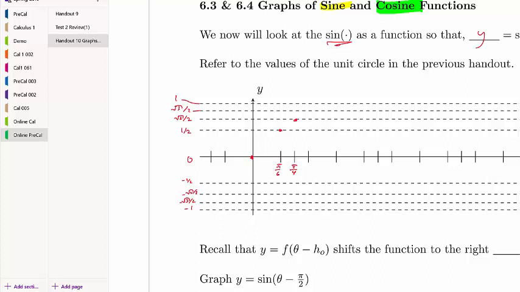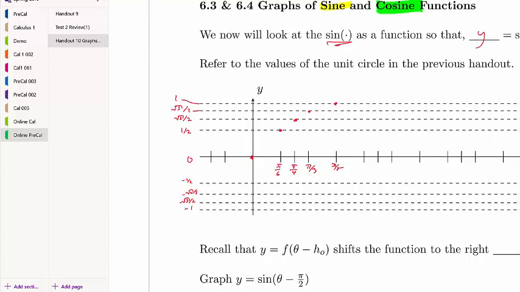And then the next angle is pi over 3, which brings us up to here, root 3 over 2. And then finally we get to pi over 2. That is a 90-degree angle, which brings us to a sine value of positive 1.